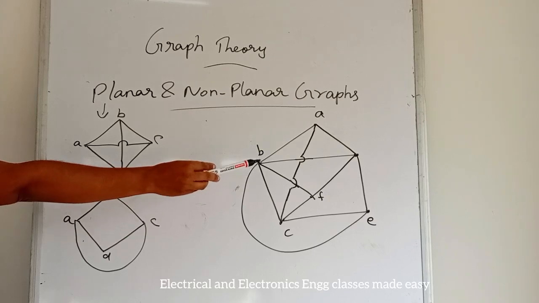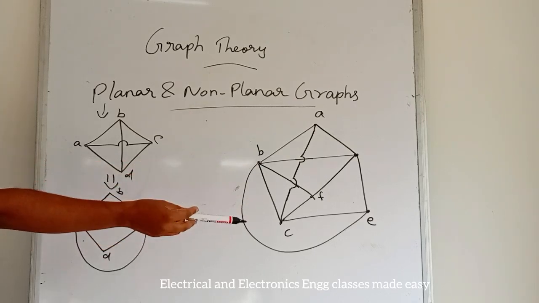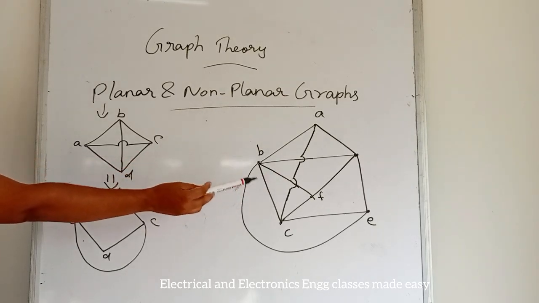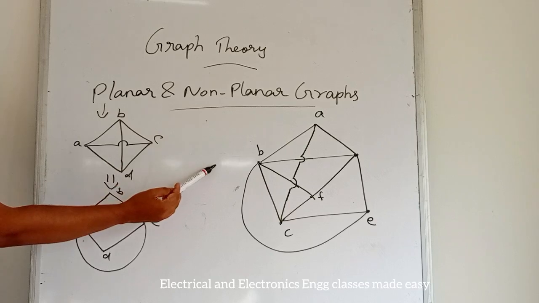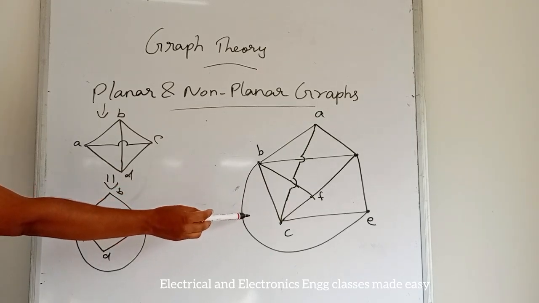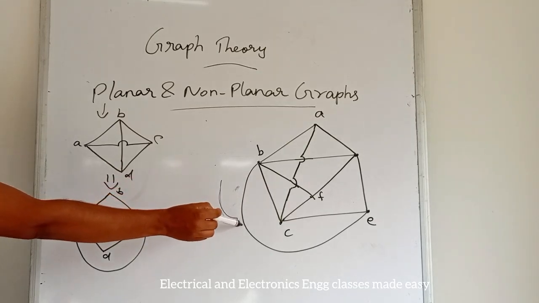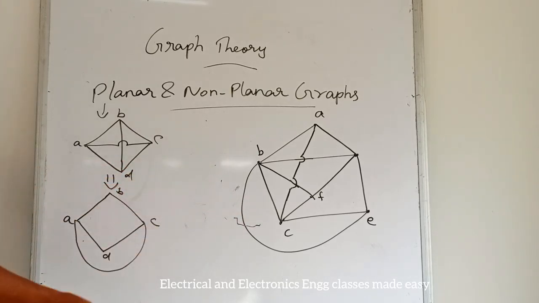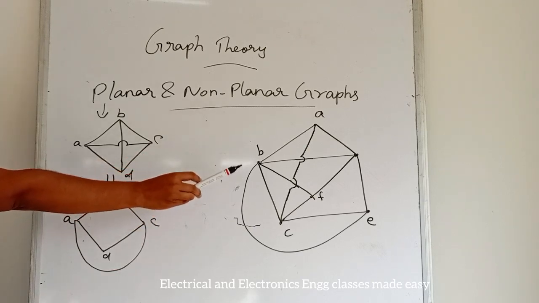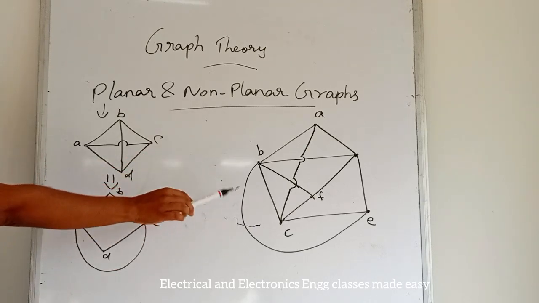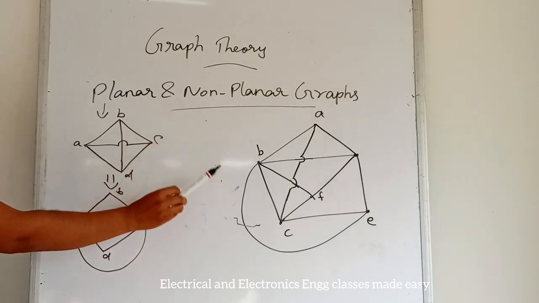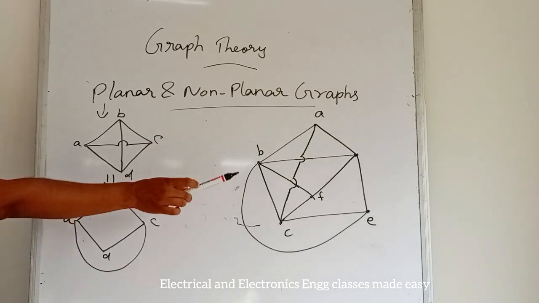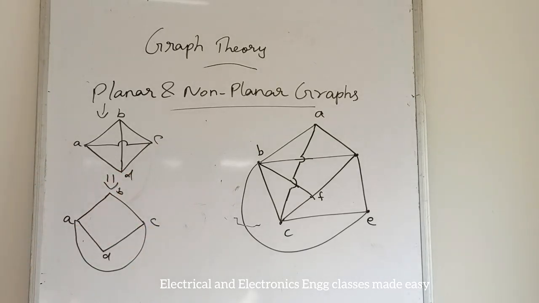This one we cannot draw in another way, because if we take this line to this side, then there will be a crossover in this way. So this is a non-planar graph because we cannot draw this graph on a plane surface without a crossover. So this is a planar graph and this is a non-planar graph.